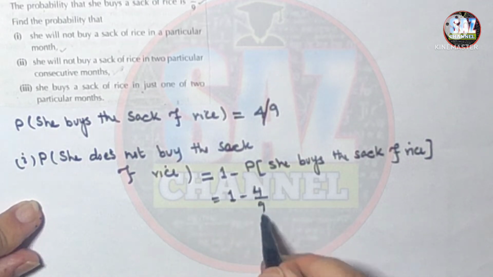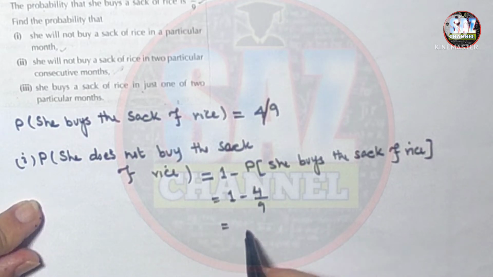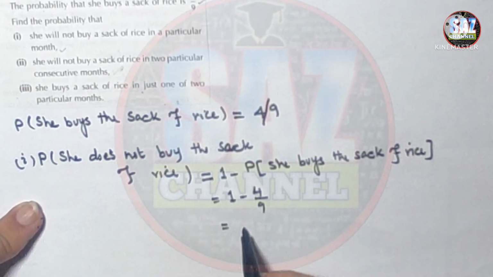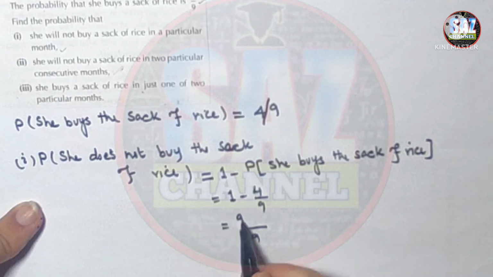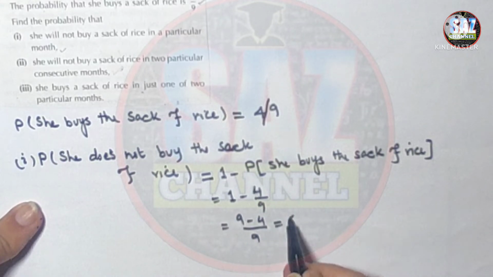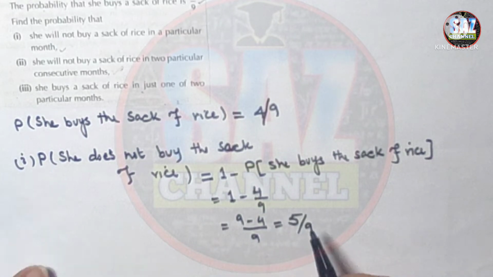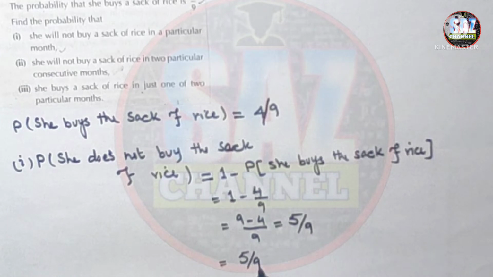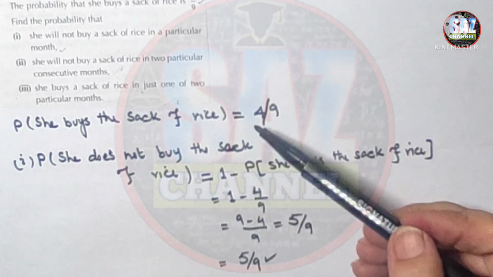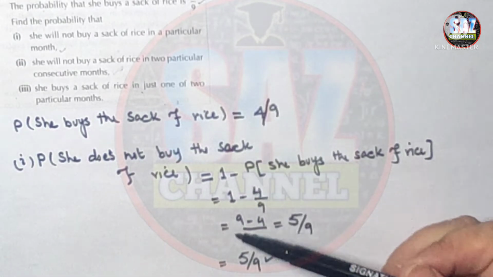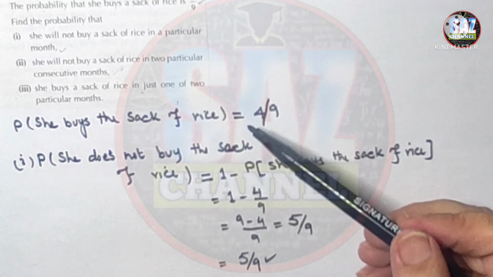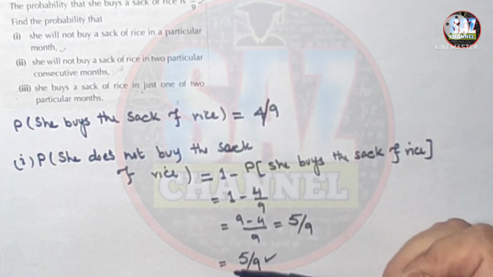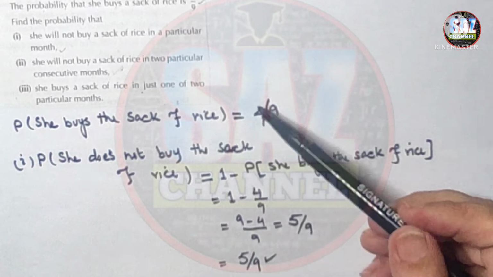We have to take the LCM here, 9 minus 4, which is equal to 5 by 9. So the probability she does not buy the sack of rice is 5 by 9. The sum of the probabilities has to be 1: adding 5 plus 4, that she buys or does not buy the sack of rice, is 9 by 9, 1. So it means our working is correct.